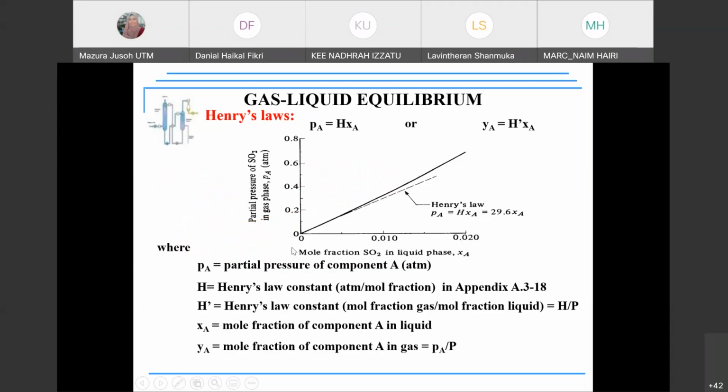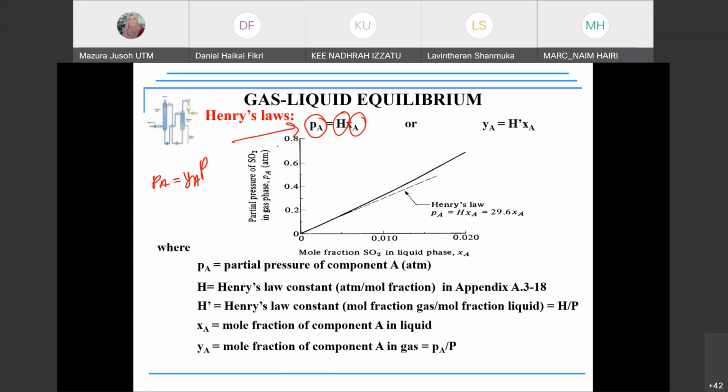Okay, so for Henry's law, what it is saying is that the partial pressure of A equals H, the Henry's law constant, times XA. The fundamental equation relates the partial pressure to the total pressure, right?